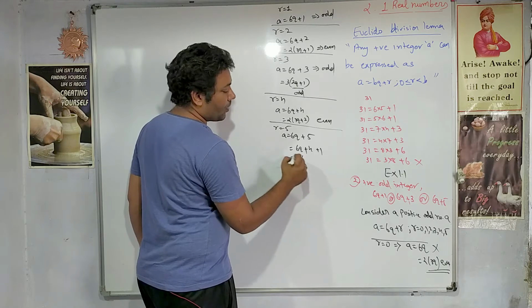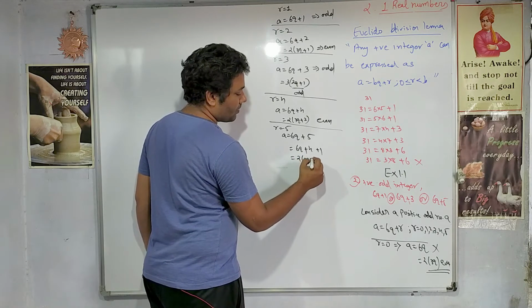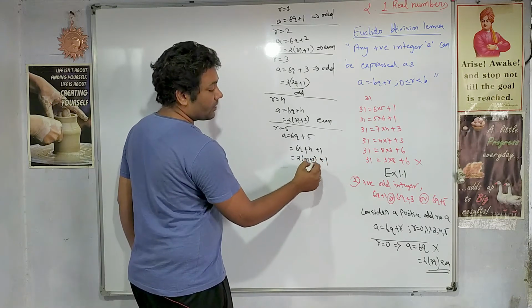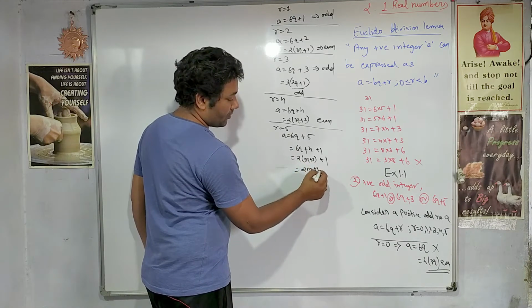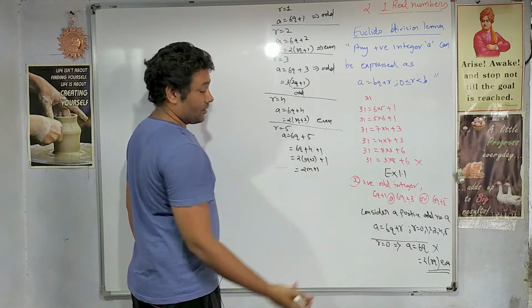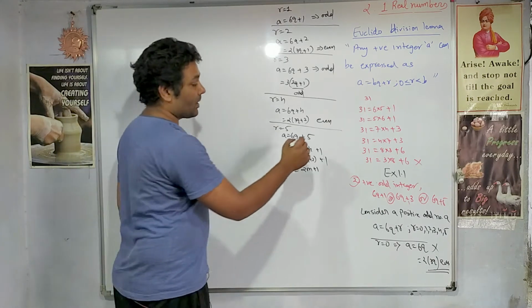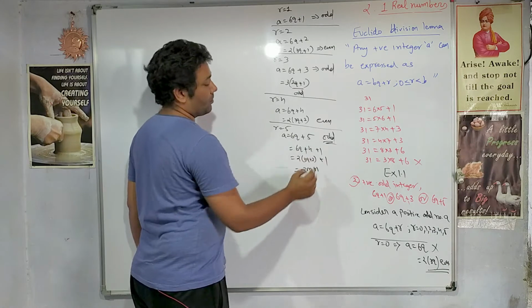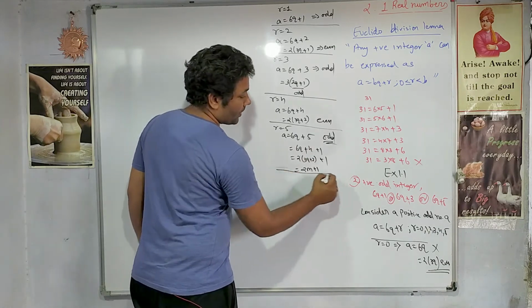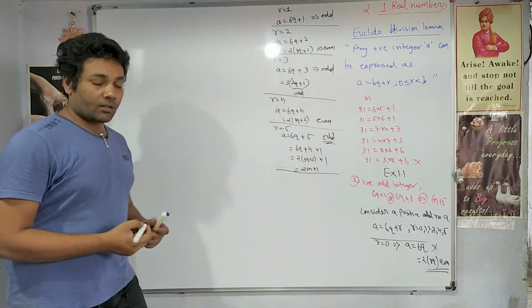If we take 2 common, it is 2 times (3q plus 2) plus 1. This is nothing but some number, so 2m plus 1. So this representation is already here, right? So obviously this represents an odd number. This is how Euclid's method works.